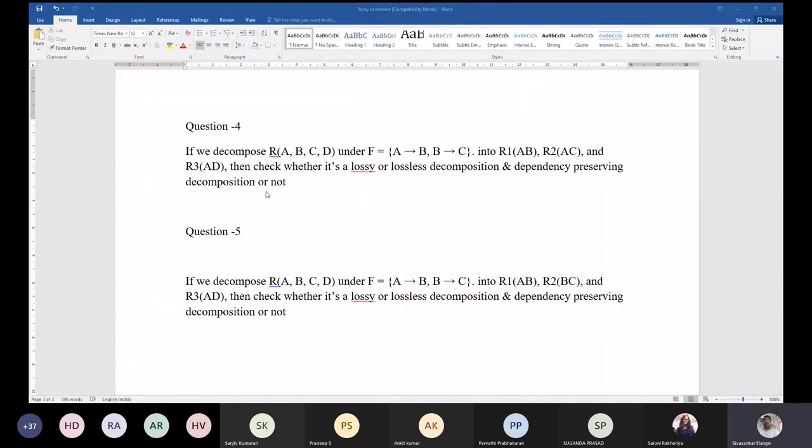So you can make a note of it, and you can solve question 4 and update me, right? You are expected to solve the problem, and you can share the solution randomly. One of you can share the solution.